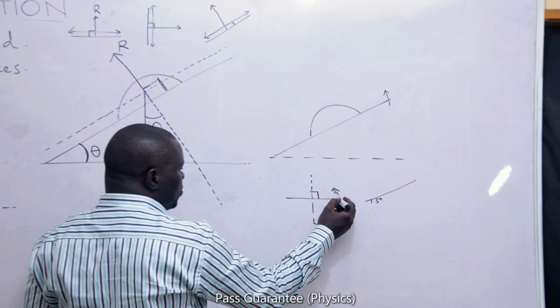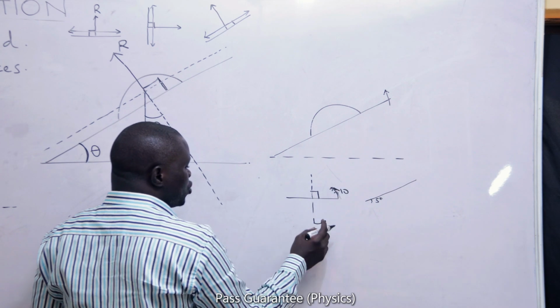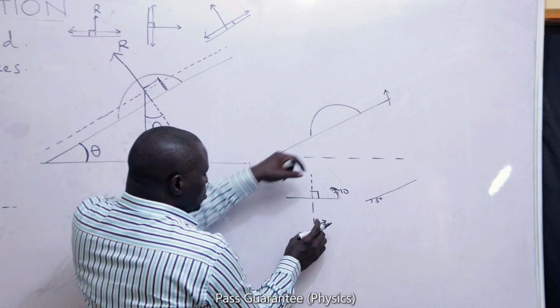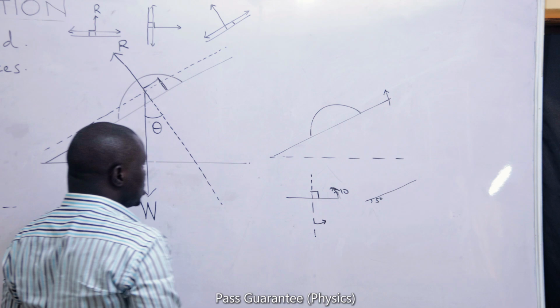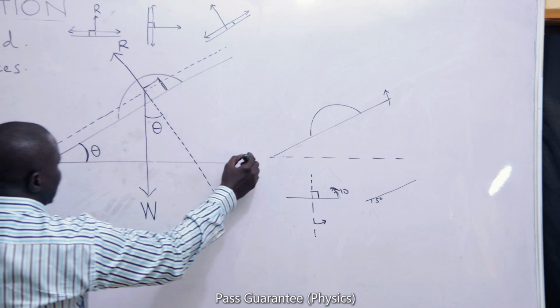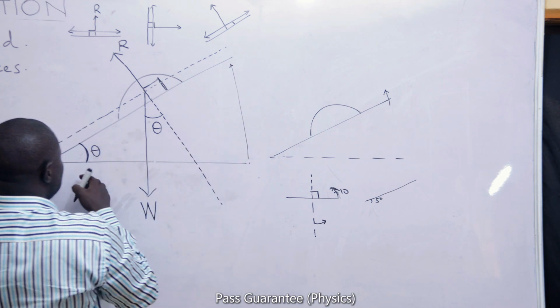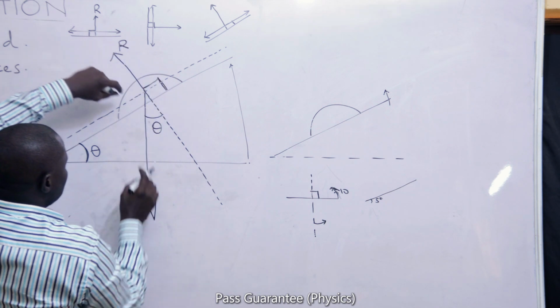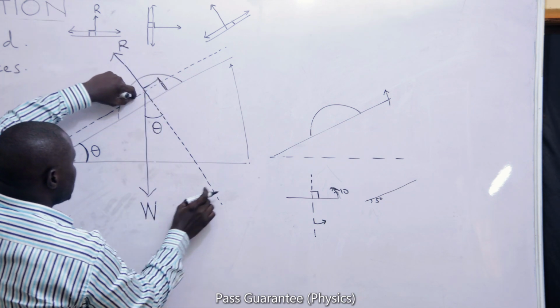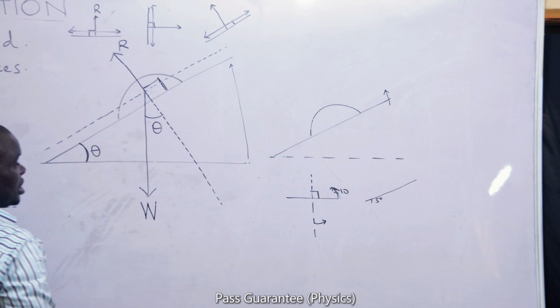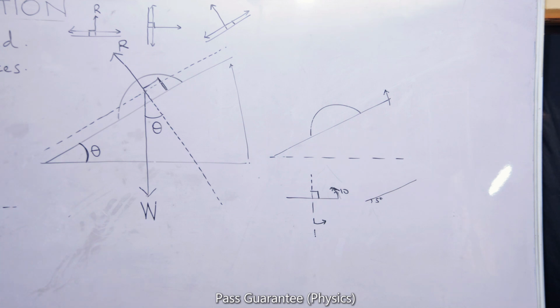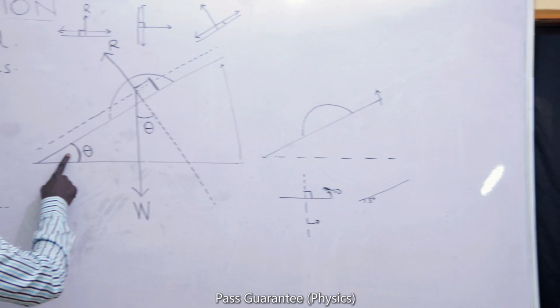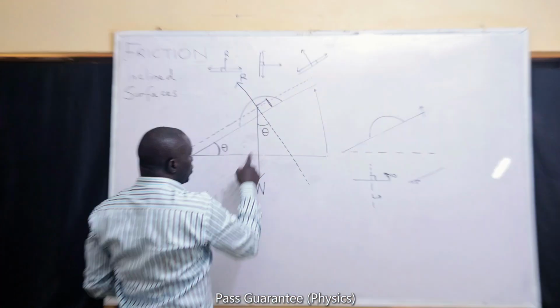If the plane moves off by 10, anything that will make 90 degrees with it must also tilt by 10 degrees. So this time, our plane has moved up by theta. It means that the modified Y must move away from where our weight is and establish itself in another direction that is theta away from that weight. So this angle must also be equal to this angle.